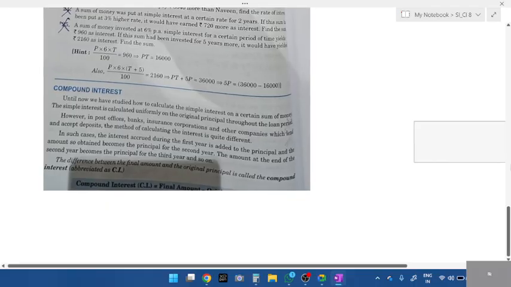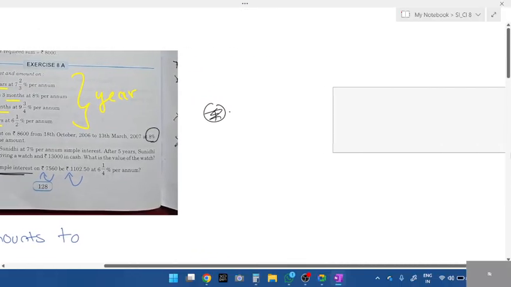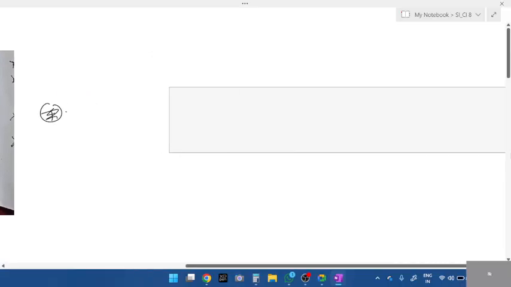Next exercise you'll have, right? Next one, 8B. Fine. After the class, someone send me 8B, students. We'll continue tomorrow. Compound interest, I'll teach you all tomorrow. We'll start tomorrow. Is it clear?